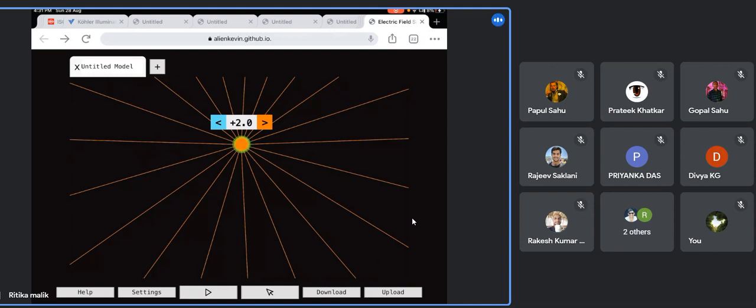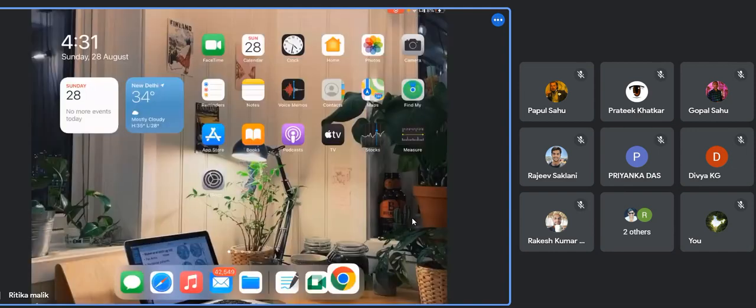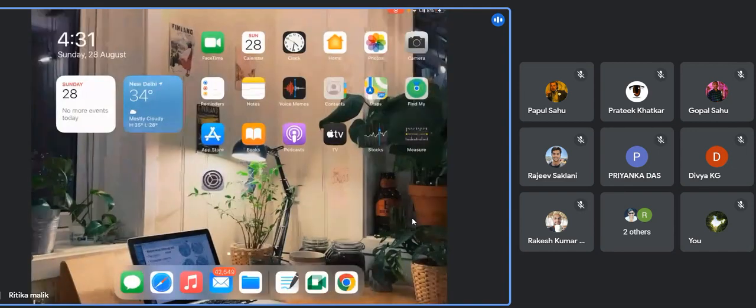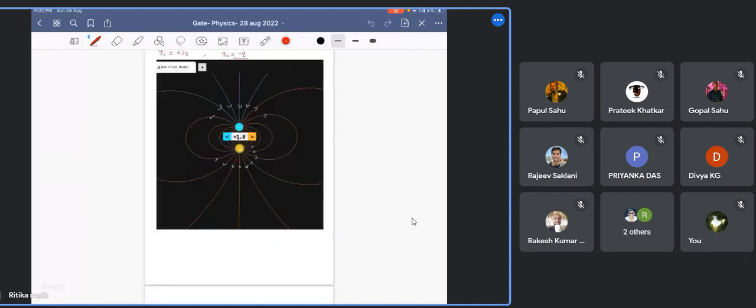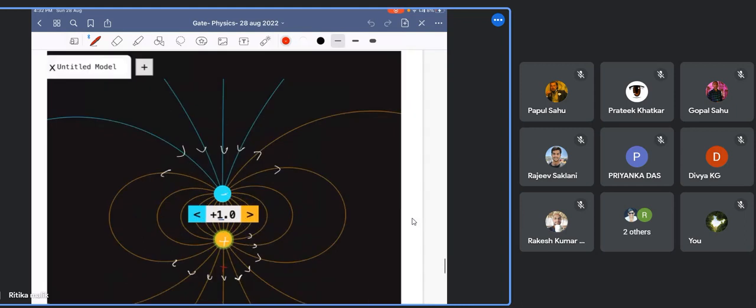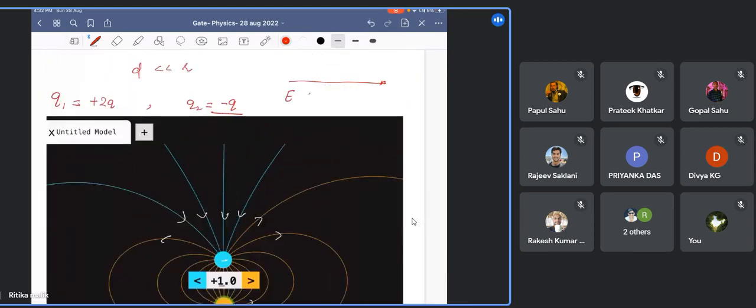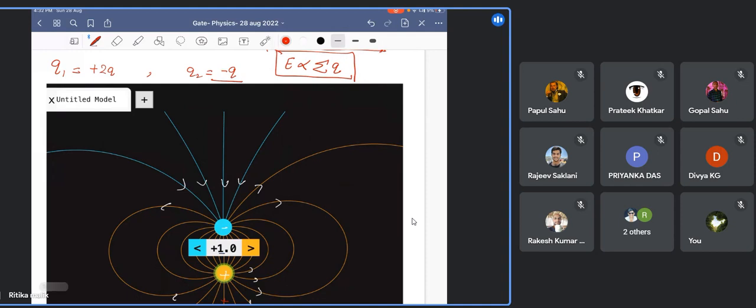They will become more like the electric field lines due to a single charge, and the net electric field will then depend on the total charge. If your charges are not equal, then the electric field is proportional to the total charge, and you can just use the superposition principle: find the electric field due to the single charges, and add them.